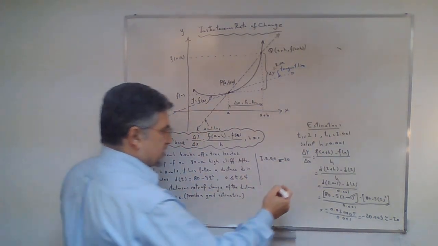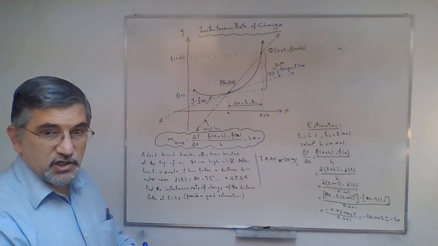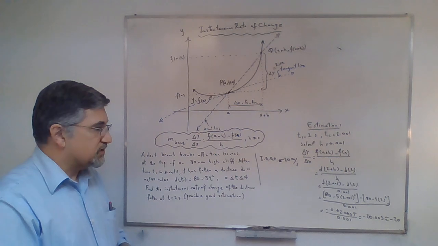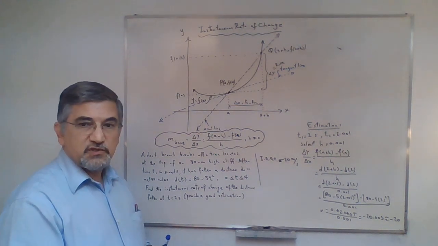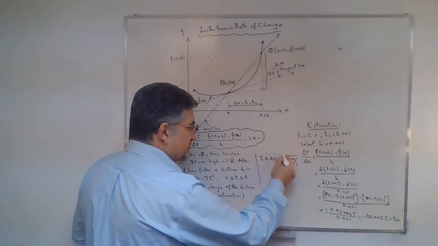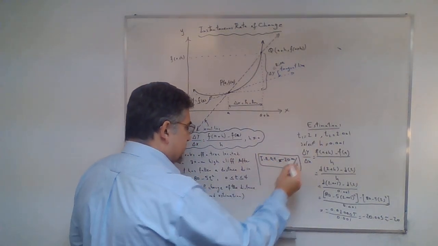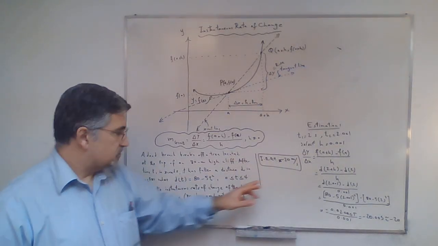The unit of measurement is going to be meters per second, because the numerator is the change in distance, measured in meters, and the denominator is the time in seconds. So the answer is negative 20 meters per second. And this is the answer for this question.